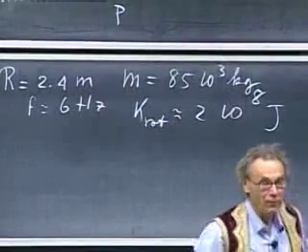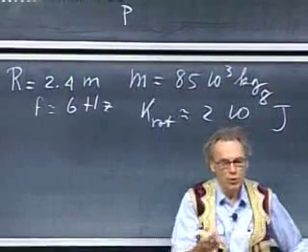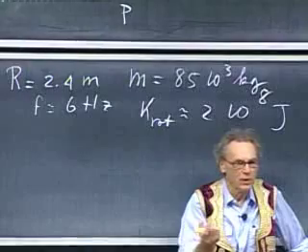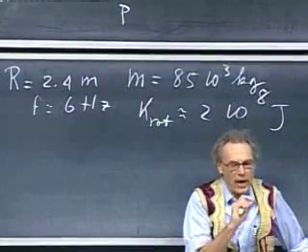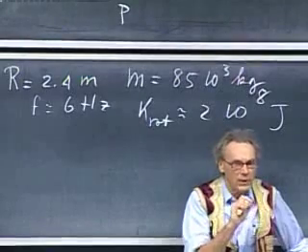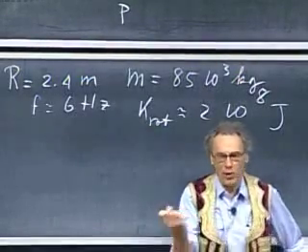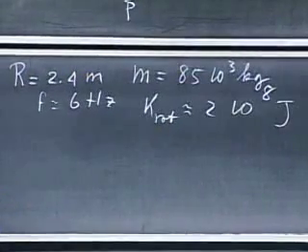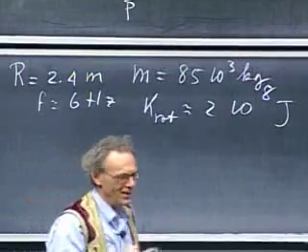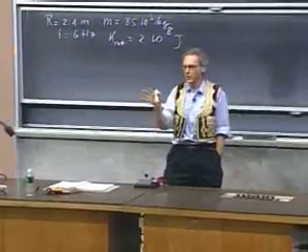rotating flywheels. Now they use this rotational kinetic energy to create very strong magnetic fields on a timescale as short as 5 seconds. So they convert mechanical energy of rotation to magnetic energy, which is not part of 801, so I will not go into how they do that. This is part of 802, and I'm sure all of you are looking forward to 802, and that's when you will see how you can convert mechanical energy into magnetic energy.